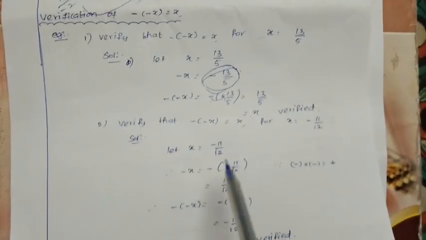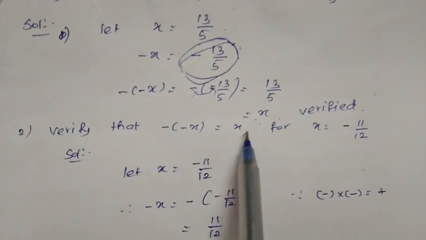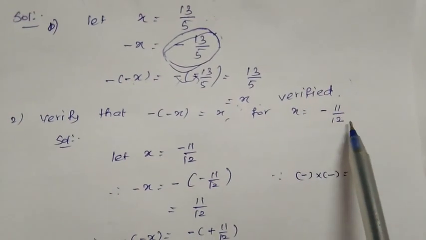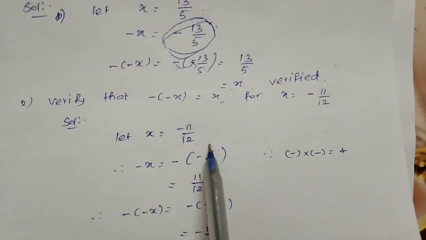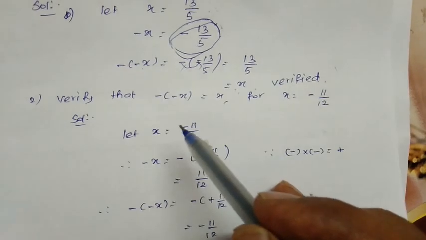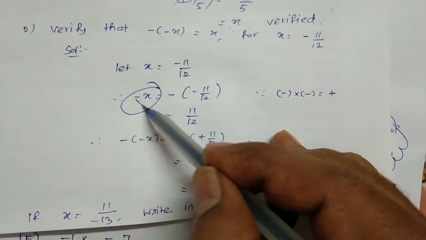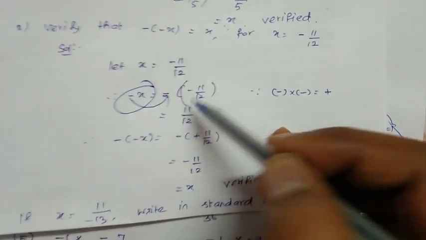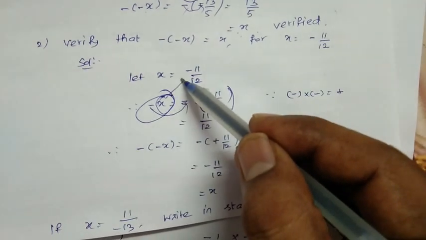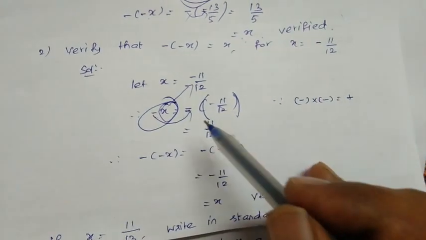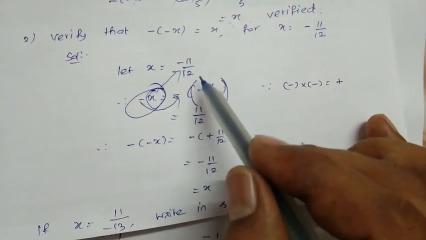Next, same problem like that: verify that minus of minus x equal to x for x equal to minus 11 by 12. Consider x is equal to minus 11 by 12. Now what we want to write, what is the value of minus x? So minus, and into x value, that x value is minus 11 by 12. Understand? First, x value minus 11 by 12.